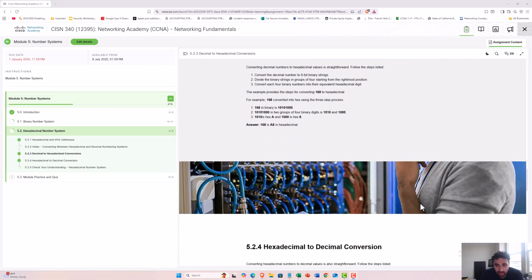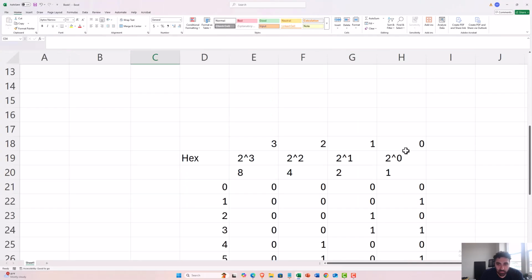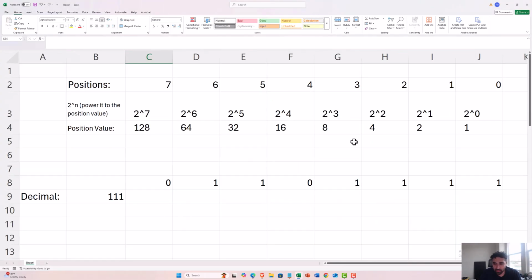Okay, and from a hexadecimal standpoint, it's relatively similar in terms of how you convert. The only difference is if we pull up our Excel sheet again, right here.